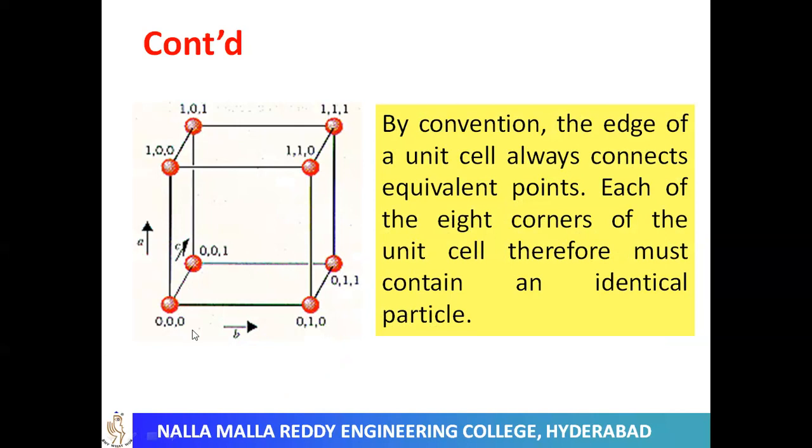There are 8 corners in the unit cell. Let's count the edges. There are 12 edges in the unit cell: 1, 2, 3, 4, 5, 6, 7, 8, 9, 10, 11 and 12.